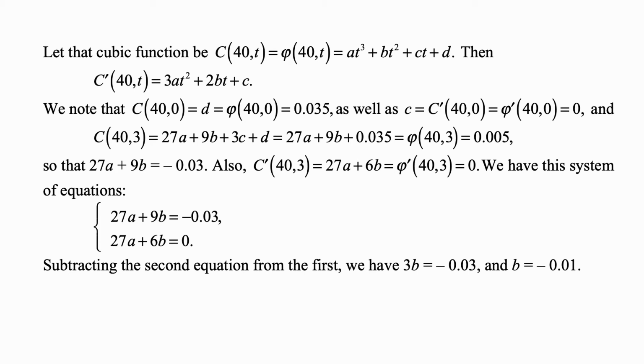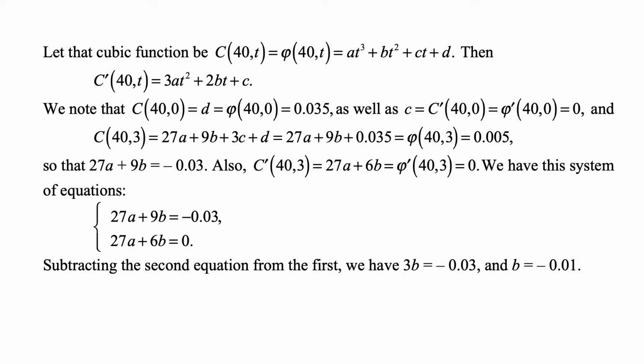So we immediately see that c is 0 and d is equal to 0.035. Then C of (40, 3) is 27a plus 9b plus 3c plus d. So 27a plus 9b plus 0.035, because 3c is 0. And that's equal to phi of 43, which is given as 0.005. So 27a plus 9b is negative 0.03.